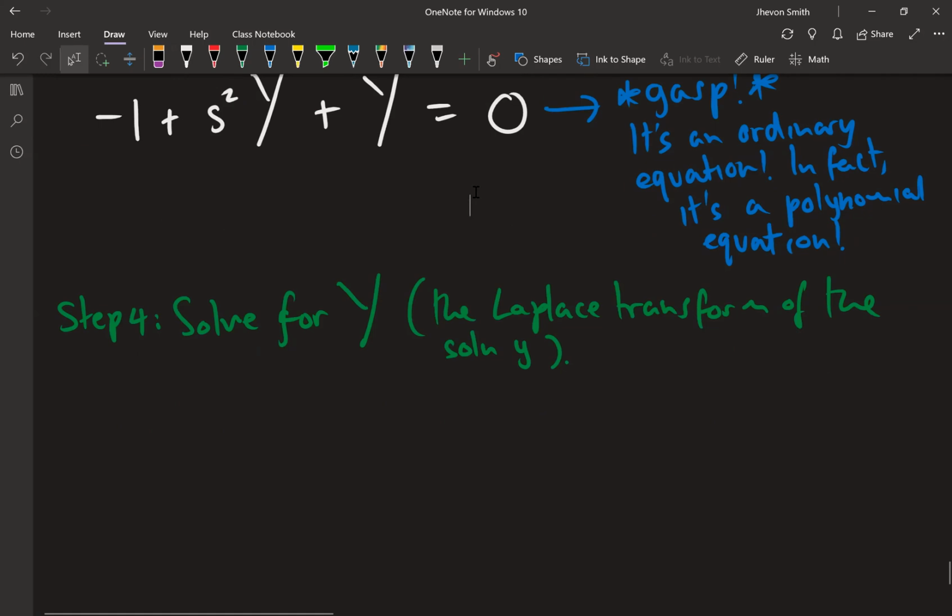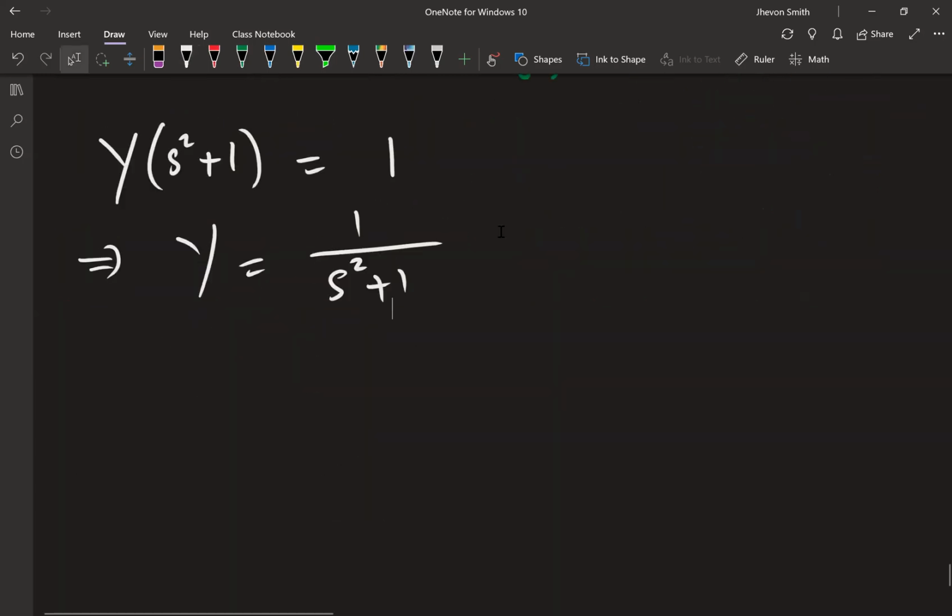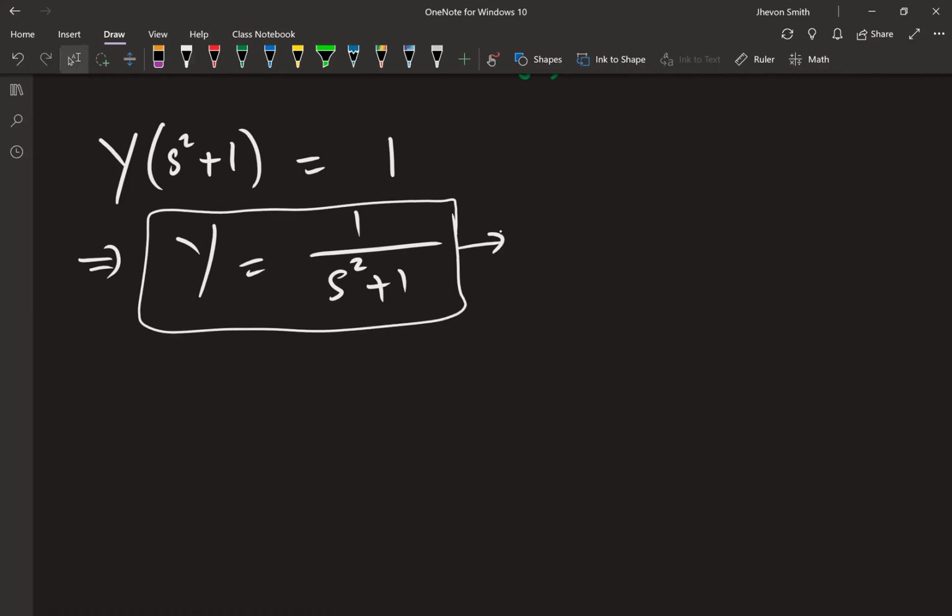You literally solve it the same way you would if you were an algebra student. So you'd factor out the common Y, you'd have s squared plus 1 over here. You move that 1 to the other side. And so your Y equals 1 over s squared plus 1. And that, by the way, is the solution to the ODE. This guy is the Laplace transform of the solution. It's kind of like when you do a substitution and you found the integral, but your answer is in another variable.